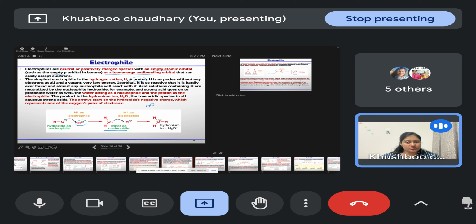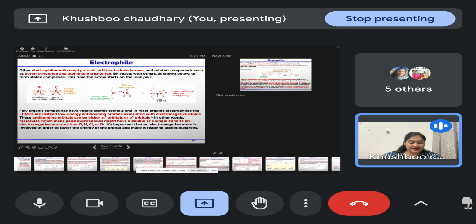Now, in water also, oxygen has lone pairs of electrons, and it can further act as a nucleophile and abstract a proton from water and lead to the formation of hydronium ion, which will act as the proton donor species. So your most simple electrophile is the proton, hydrogen having no electrons in its valence shell.